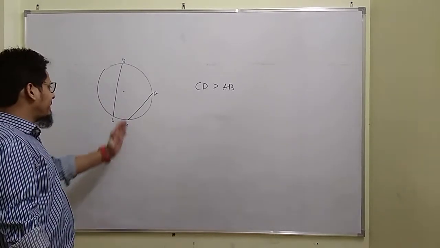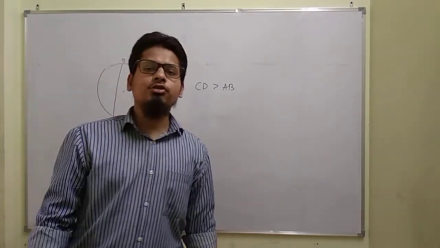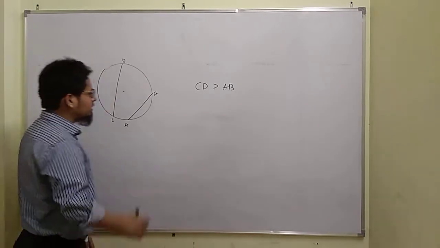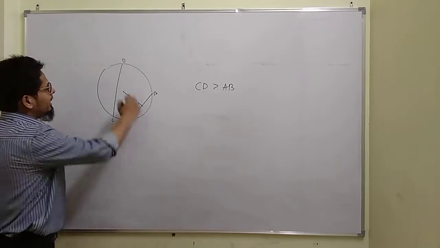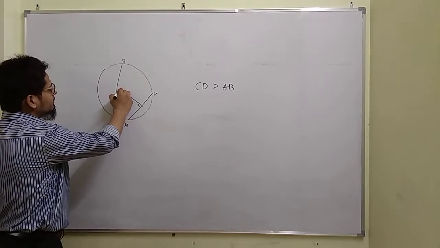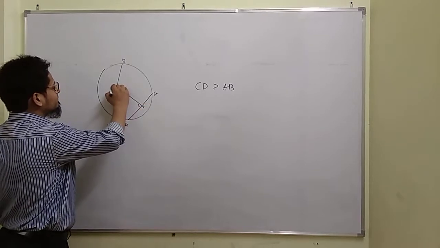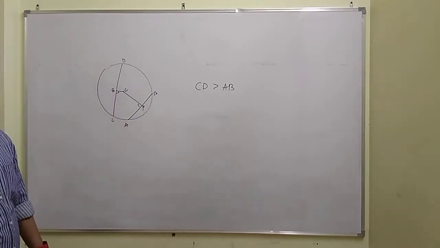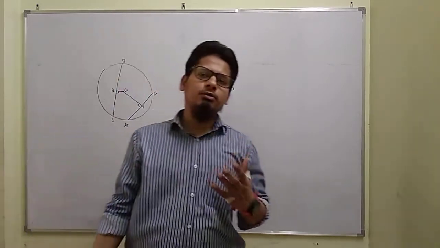Now I draw the perpendiculars, which represent the distance of the chord from the center. I draw two perpendiculars from the center O, and let the points be P and Q. What do you observe here? It is not that I am drawing to suit myself.